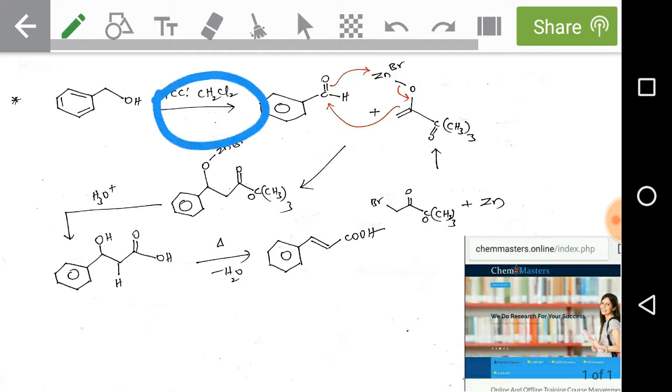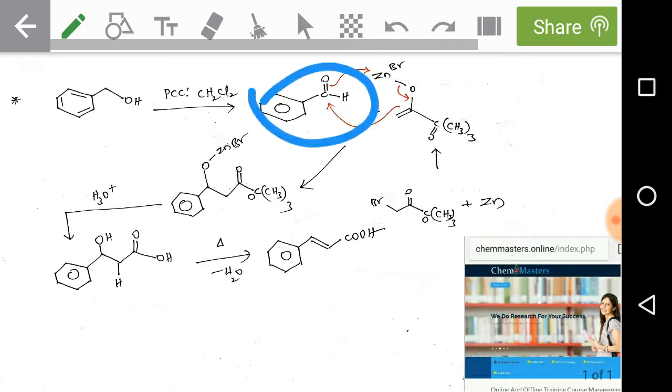Whenever benzyl alcohol reacts with PCC in CH2Cl2, as we discussed in the first reagent combination, it produces benzaldehyde.